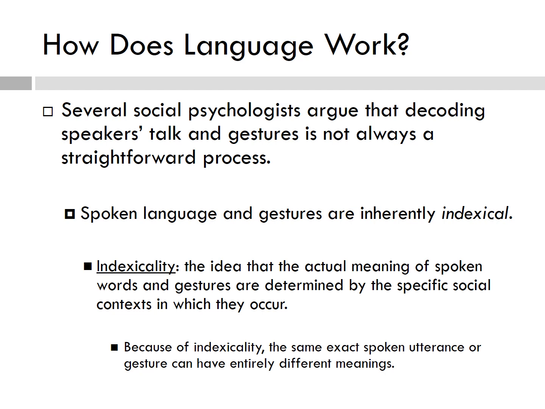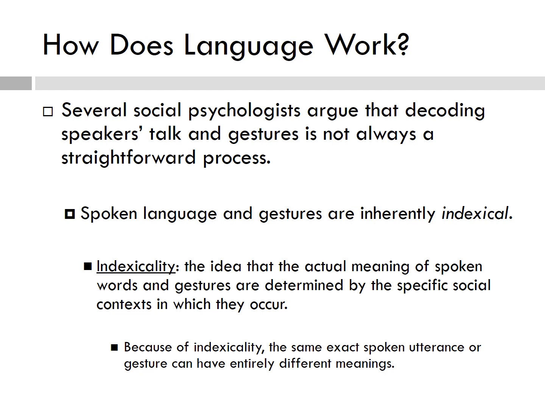Now, while there is some validity to the conduit view of language, some social psychologists have argued that it is a bit unrealistic because decoding people's talk and gestures is not always a straightforward process. According to many social psychologists, this is because spoken languages and gestures are inherently indexical.